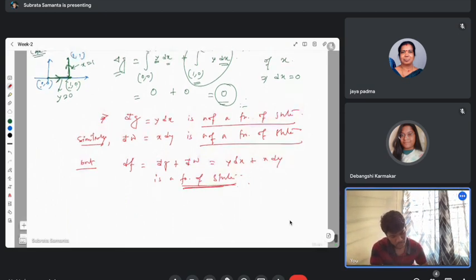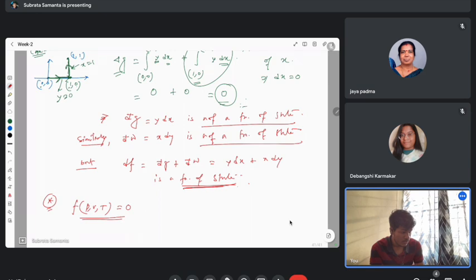Okay, now a quick review: functions of state and equations of state are actually connected. Suppose f of P, V, T equals 0, a function of pressure, volume and temperature equal to 0, for a certain kind of gas.